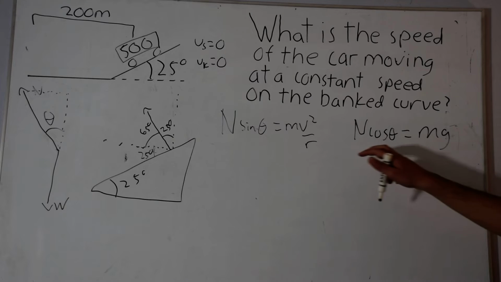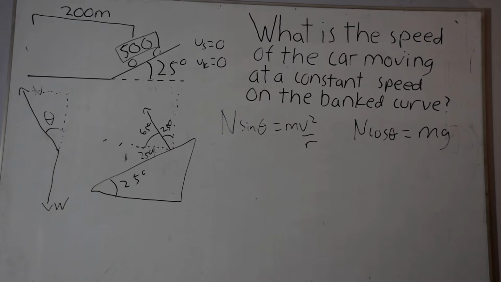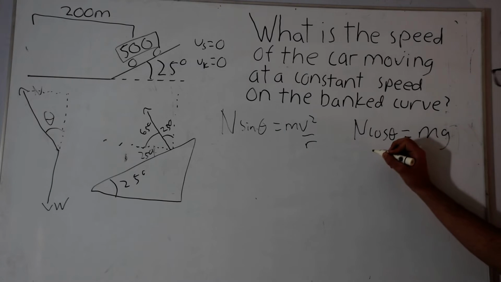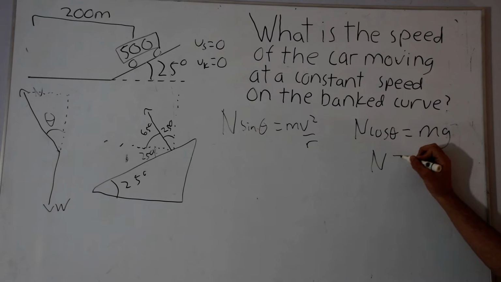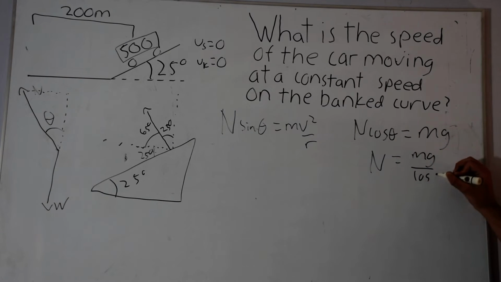But because the normal force is in both equations, we can substitute one into the other and then solve for v, which is our only variable left. So let me isolate for the normal force. N equals mg over cosine theta. And let me plug this N into this equation.